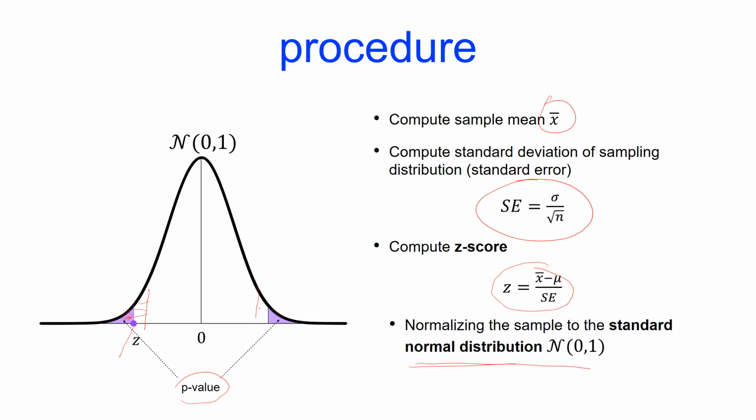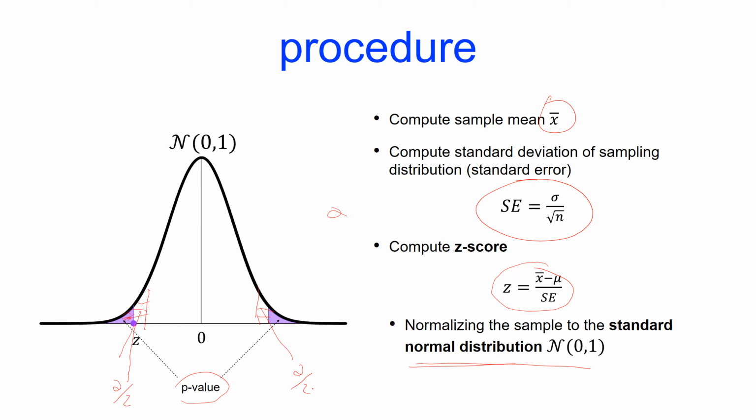When you choose alpha, remember that for this two-sided test, each side will contribute half alpha. When you decide alpha, everything that falls into this alpha area we call the rejection area. We will try to reject our null hypothesis.